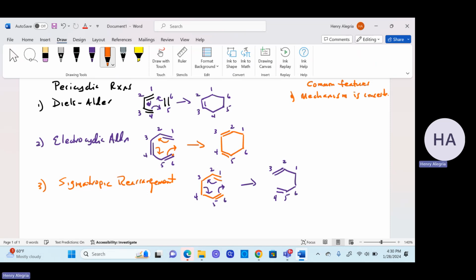And you already know what this means from Orgo 1. That means single step, there is no intermediate. A second feature that they share is that the mechanism in all three cases involves a ring of electrons moving around a closed loop.